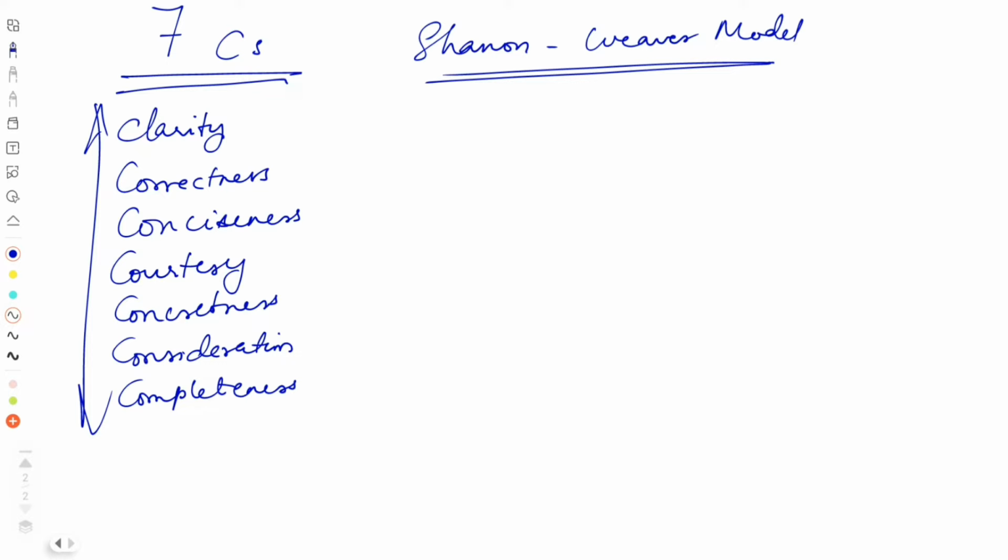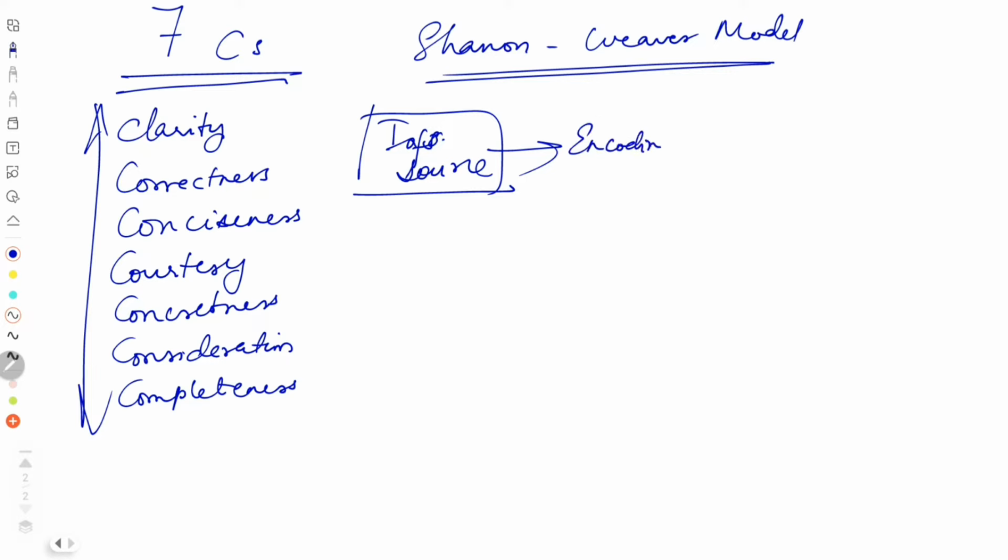So the Shannon Weaver model is the communication model we might have all studied. It starts with an information source. That information, that message, goes through an encoding process. After encoding, it goes through a channel, and through the channel it goes to the destination.